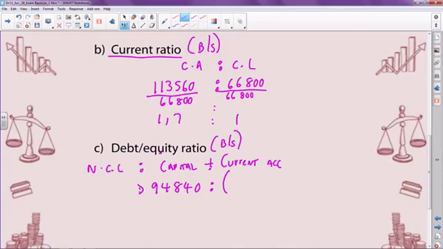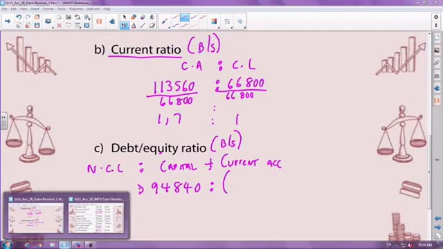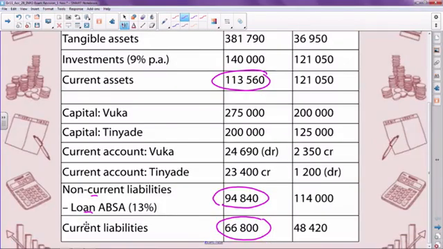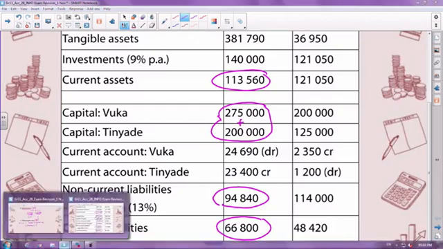I'm just going to use brackets for this because there's quite a few figures. So let's start with capital. There's my capital contributed by VUCA, and there's the capital contributed by Tanyade. So let's take these two figures, 275,000 plus 200,000.